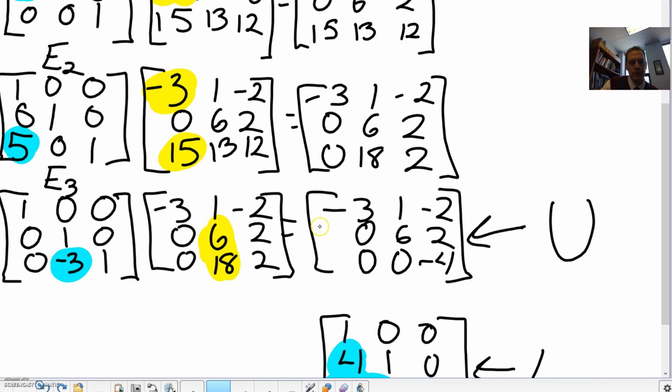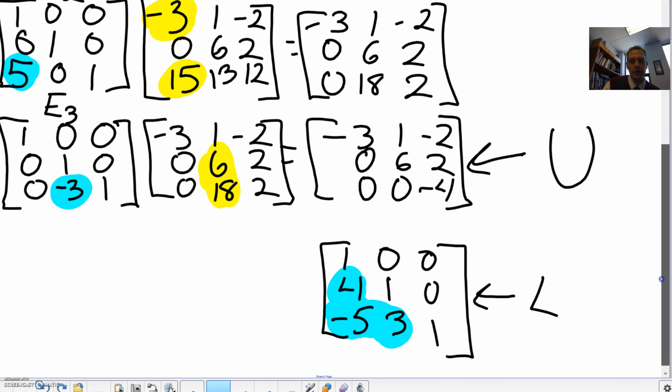The top 2 rows stay the same. So once again, -3 of this plus 1 of this is going to give me 0: -18 plus 18 is 0. -3 of this and 1 of this, -6 plus 2 is -4. And that will be my upper triangular matrix.